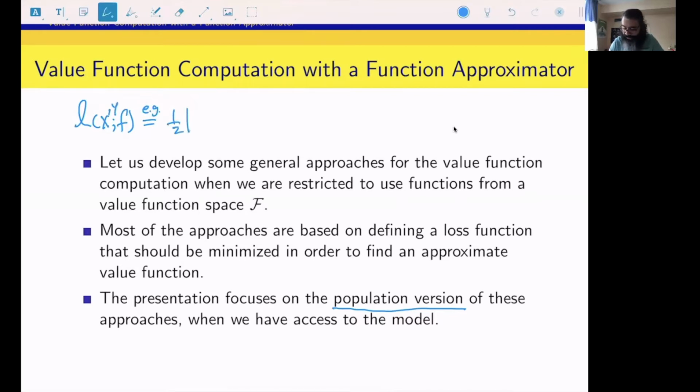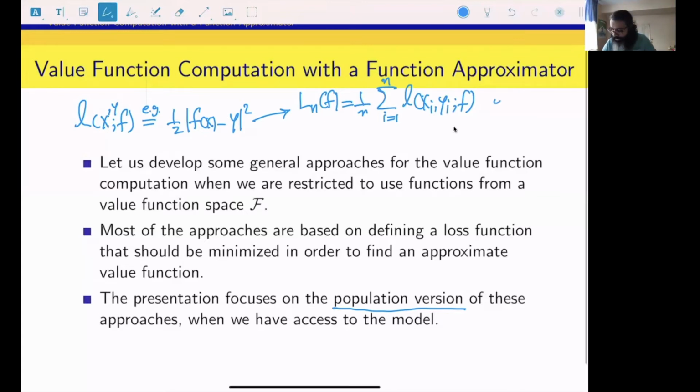So if we have f of x minus y squared, this is the usual loss that we use in regression. What we minimize would be the summation of this over all data points, x_i, y_i, and then we minimize this over f. This would be the empirical loss, as you sometimes call it.